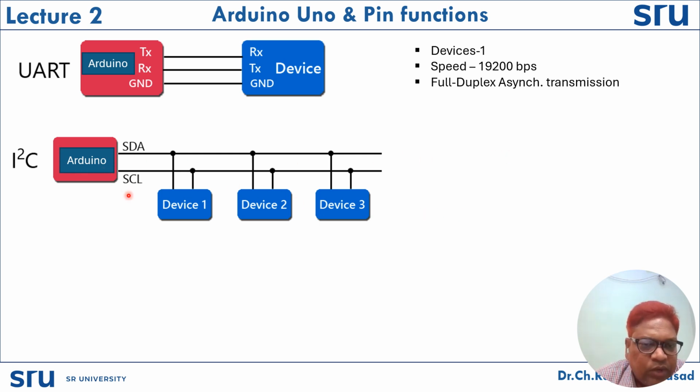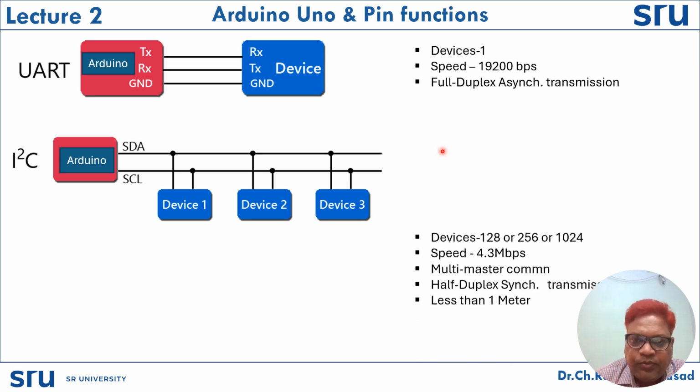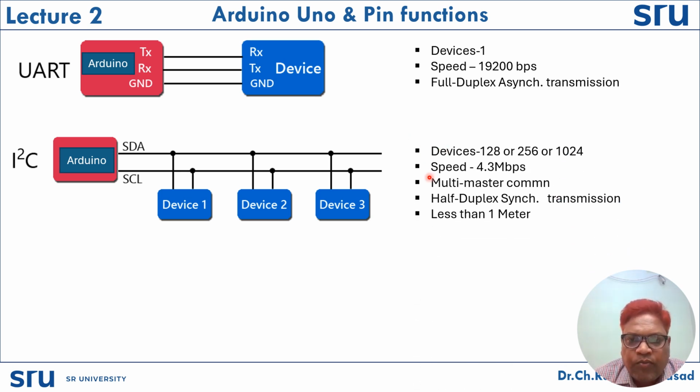Here we have two lines, one is SCL and the other is SDA. The SCL provides the clock for all the devices, and SDA provides data transmission as well as reception. That means we have only a single data wire, so this is half duplex synchronous serial communication.